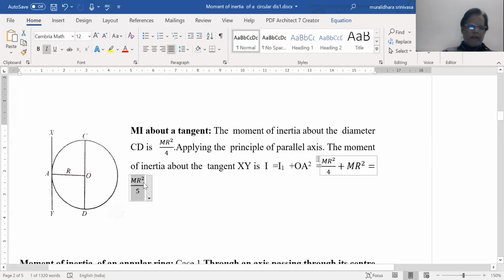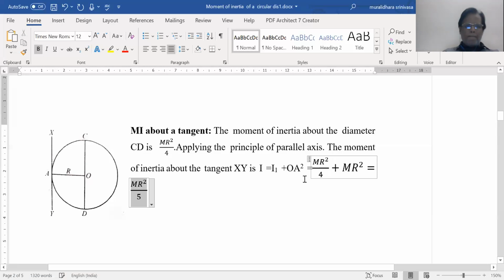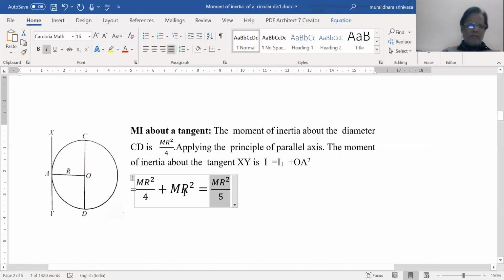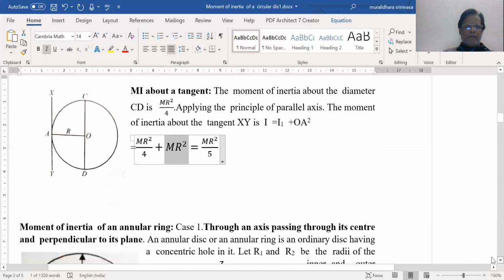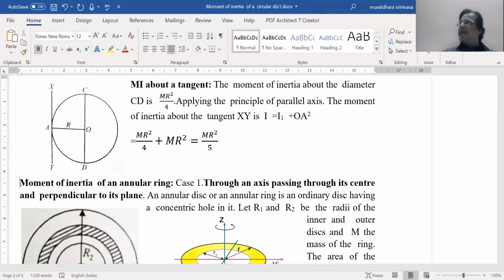This is the moment of inertia of the circular disk about the tangent. So this is what it is.